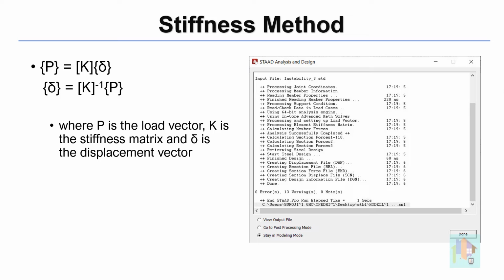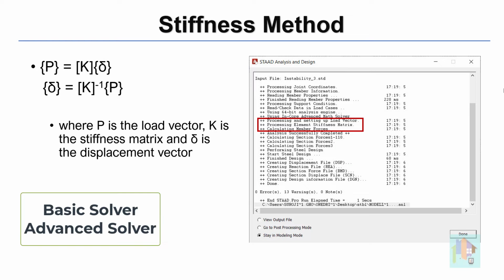In the analysis dialog, you can notice few statements like processing load vector or stiffness matrix, which indicates the analysis process using stiffness method. There are several methods for matrix inversion. In older version of STAAD, there were two different solvers based on selected license, basic and advanced solver.